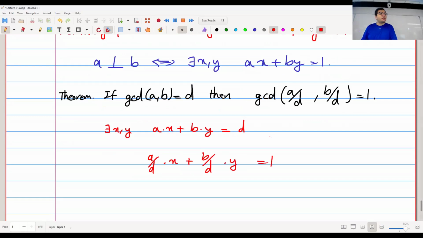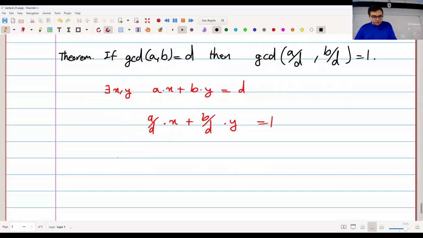This is just 1, right? So I could find a linear combination of these two numbers that summed up to 1. So the GCD of these two numbers is 1. Actually, the only really hard part of this theorem is that you have to realize A over D is an integer, right? But that's by definition, because D was the greatest common divisor of A and B, so it's a divisor of A. So A over D is an integer.